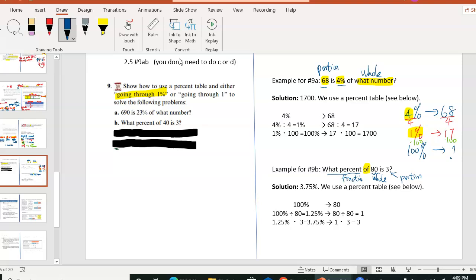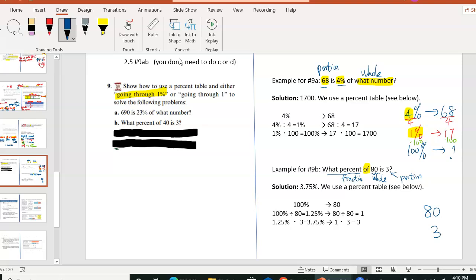Okay, so with this information, I am going to write down. First of all, we are given two numbers. Both are numbers, and amounts. They're not percentages. So I'm going to write down 80 and 3. Both of these are numbers.